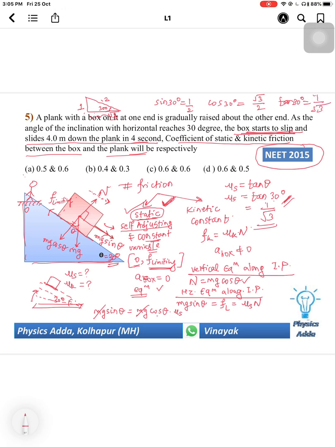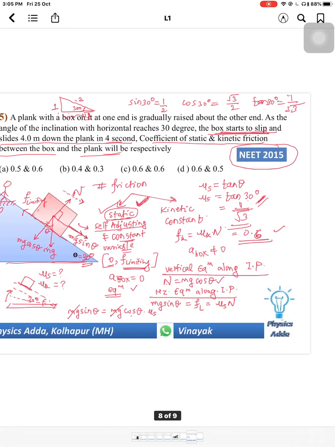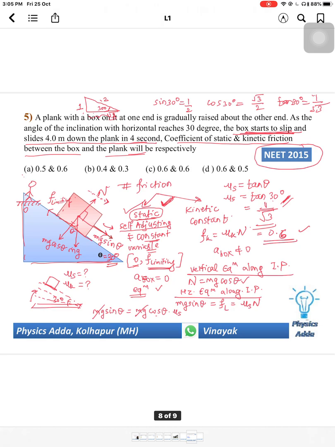So here it will be 1 by root 3, which is nothing but 0.6. Now we have found the coefficient of static friction, mu s. So its value is 0.6.